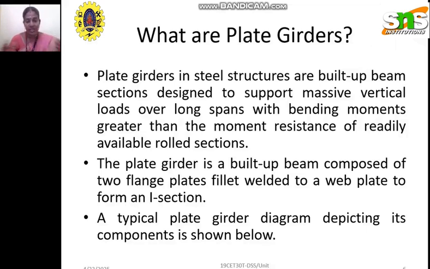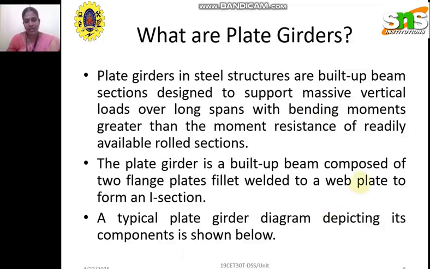When we go for railway tracks, there will be longer spans. In those places, instead of going for RCC bridges, these bridges are very useful. Also, in places where there are more bending moments, it will resist the movement very easily.